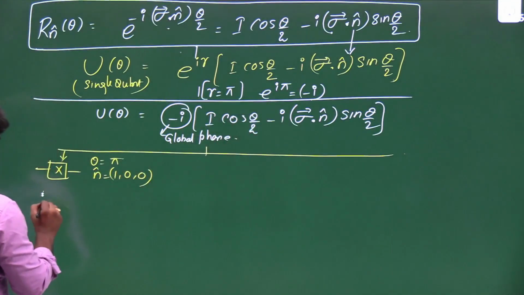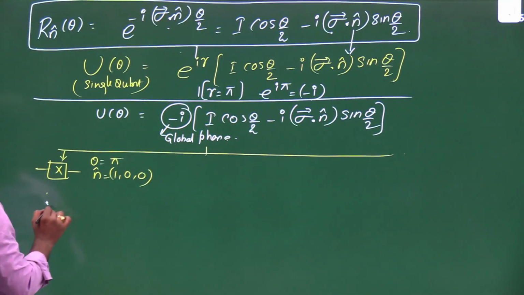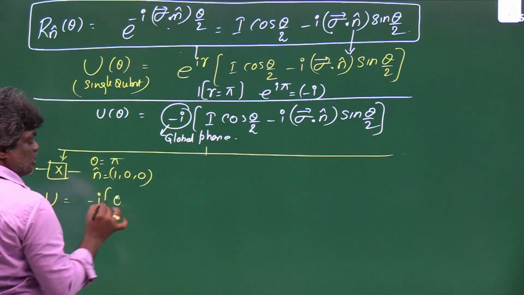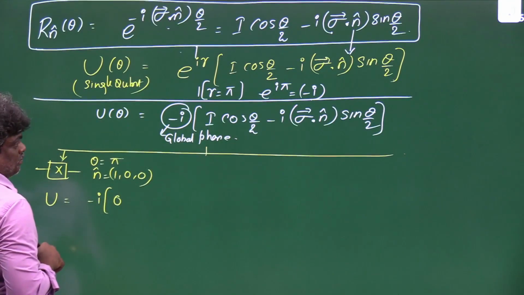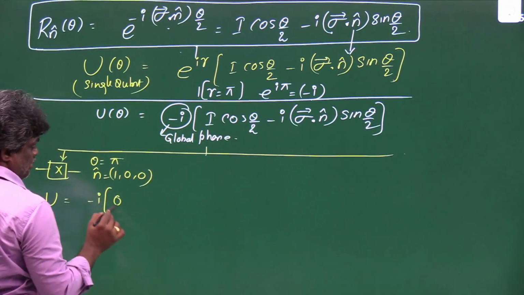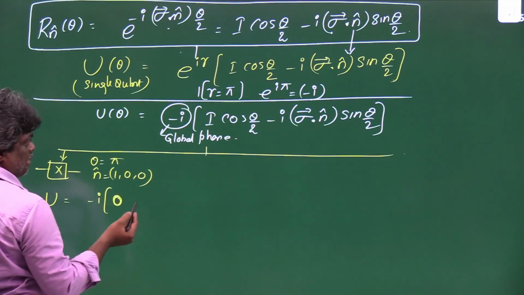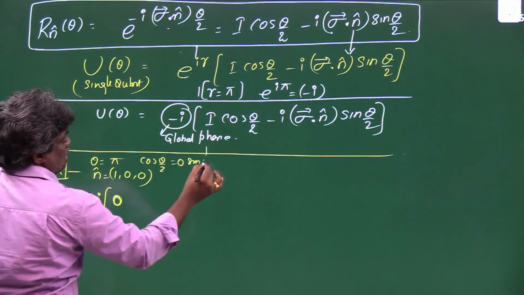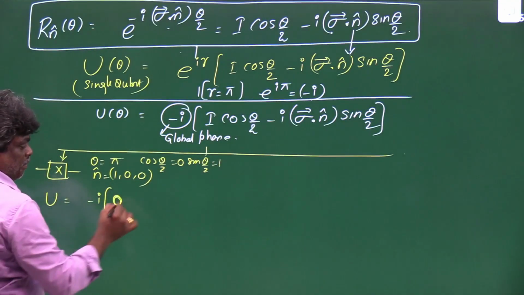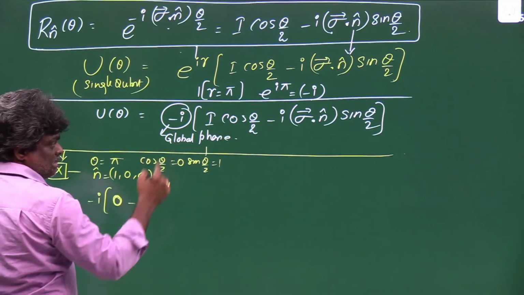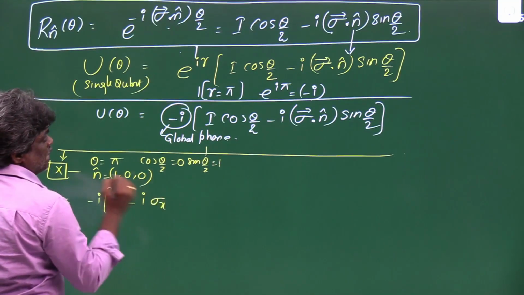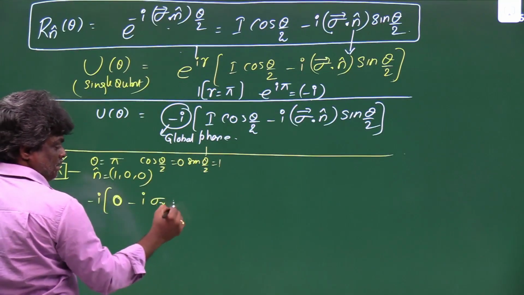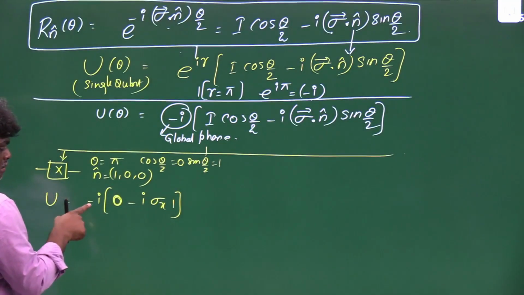Then U, the unitary operator, equals minus iota cos pi by 2 times identity, and sin theta by 2 times minus iota sigma dot n cap, which is nothing but sigma x. Sin theta by 2 is nothing but 1, then minus into minus.